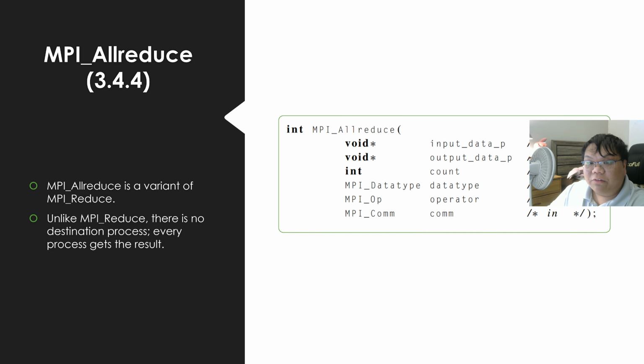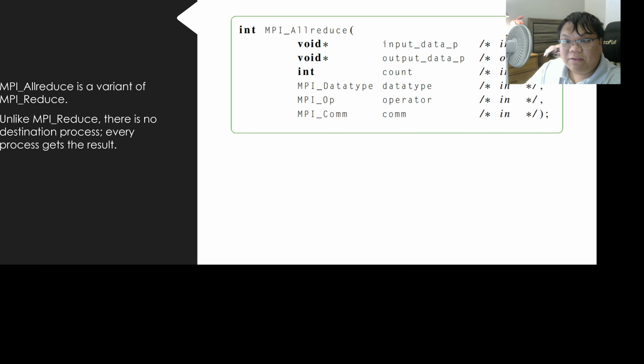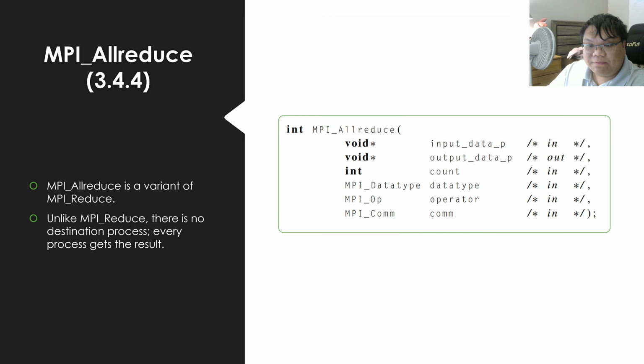And the arguments for all reduce are as follows. So all reduce is just a variant of MPI reduce. And unlike MPI reduce, there is no destination process. Every process gets the result.